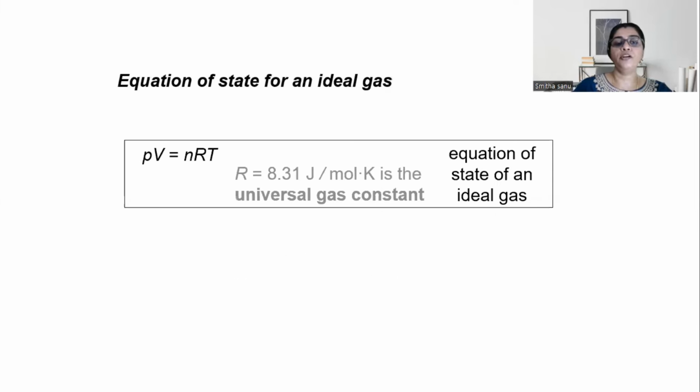Now, when we join together three different gas laws, which are pressure is inversely proportional to volume, pressure is directly proportional to temperature, volume is directly proportional to temperature. So looking at this, we can very clearly tell that if pressure is inversely proportional to volume, then the product P into V is a constant.